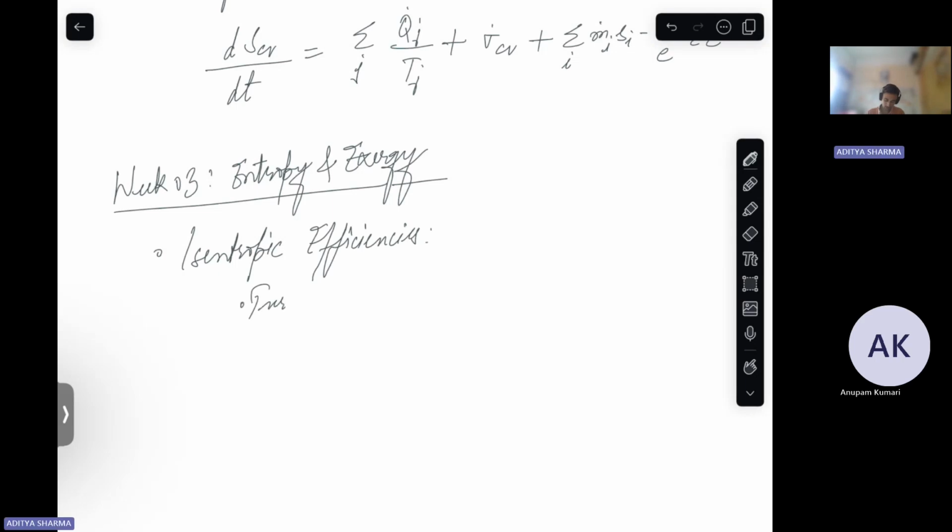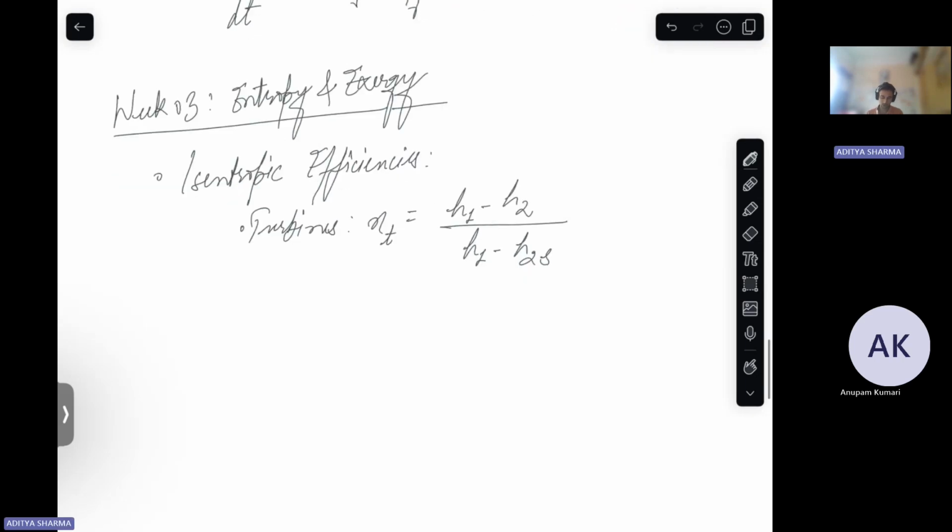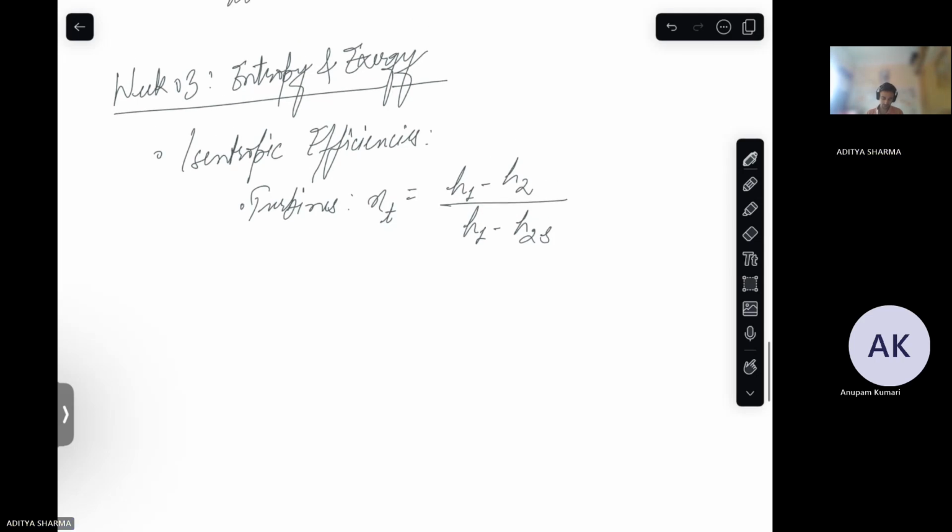For your turbines, the denominator is your ideal case, and the numerator is your actual case, where the ideal case is one where your entropy remains constant.